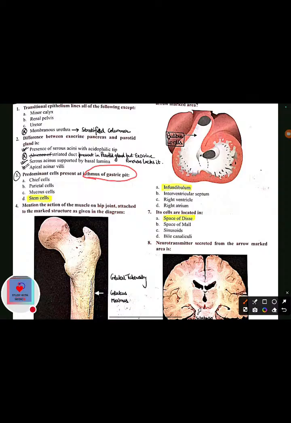Predominant cells present at isthmus of gastric pit. Option 1 is G cells.